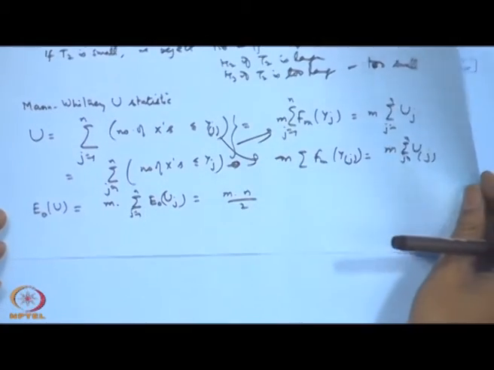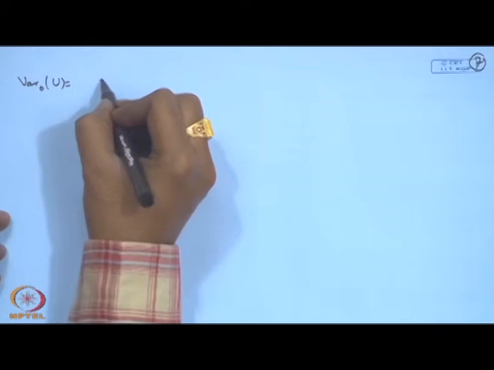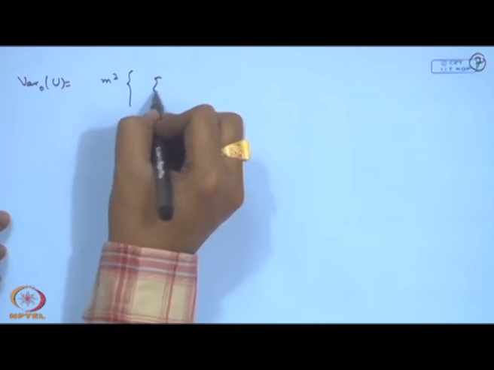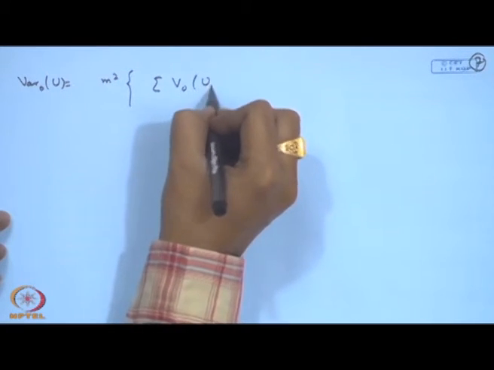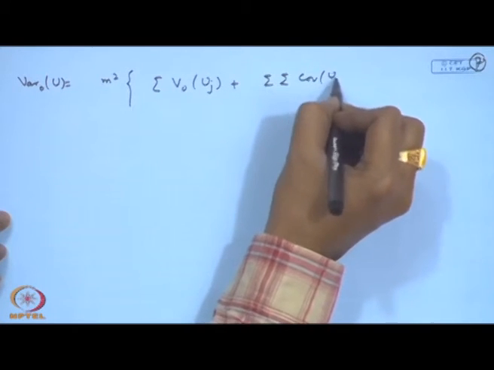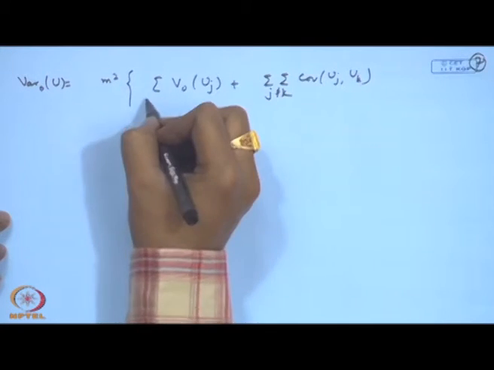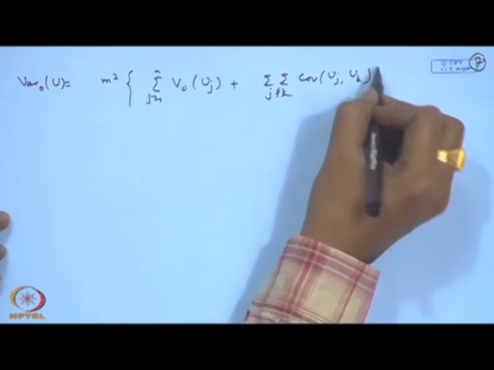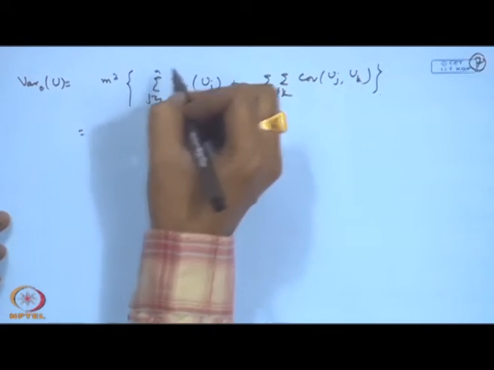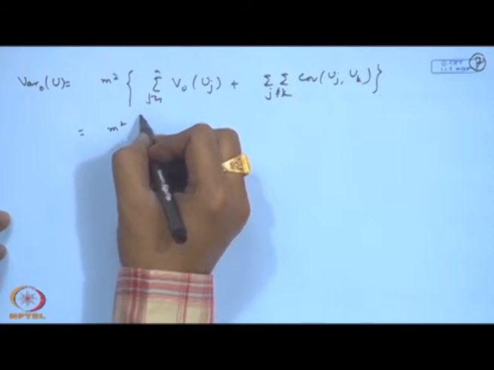If we look at the variance under the null hypothesis, then it is equal to m square times the summation of variance of uj plus the double summation of covariance of uj uk, j not equal to k.